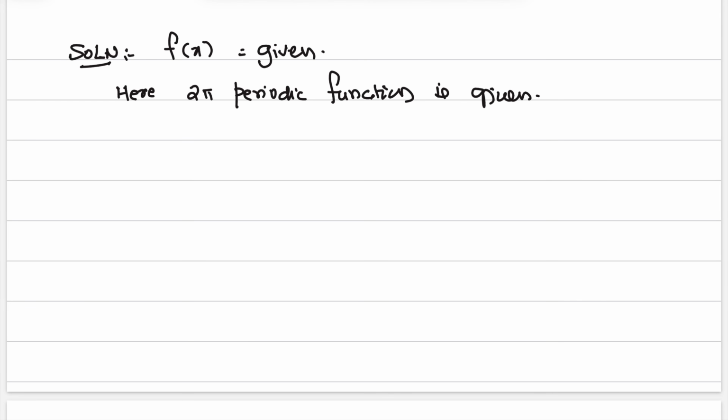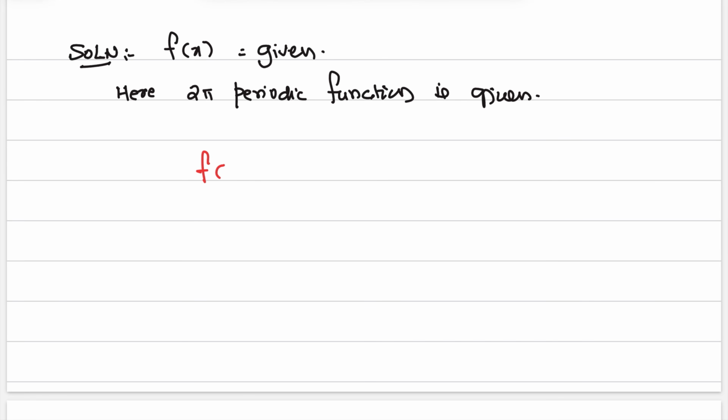That we can say it is a 2 pi periodic function. If there is a 2 pi periodic function, then the general solution for a Fourier series is given. What is the general solution for a Fourier series?